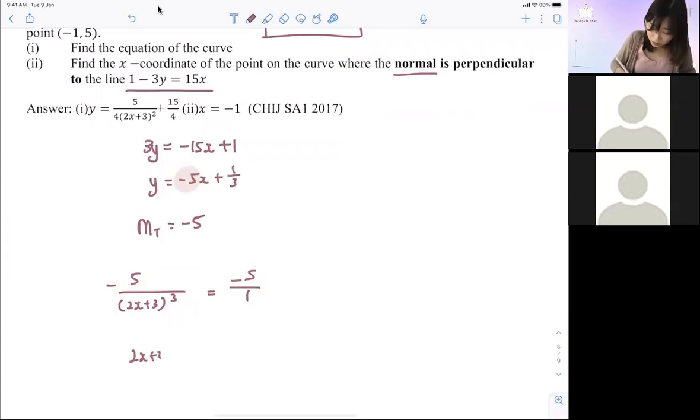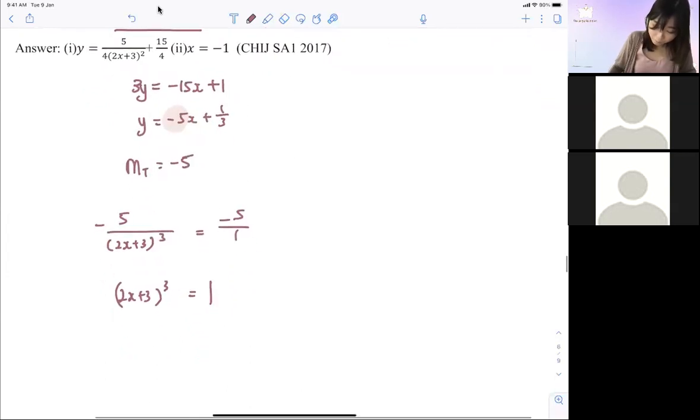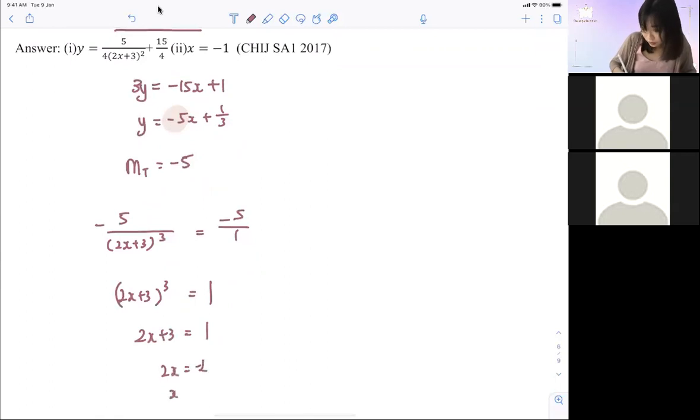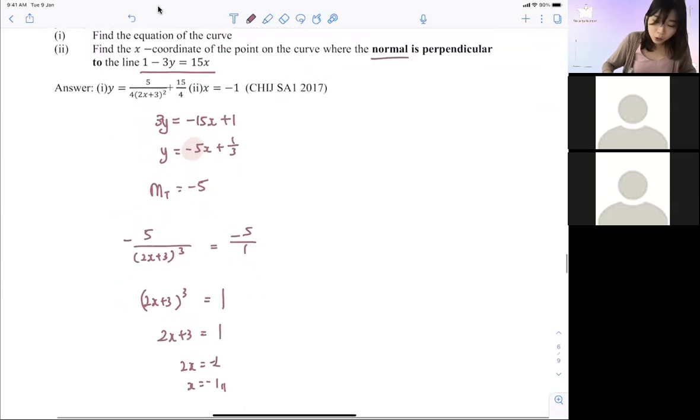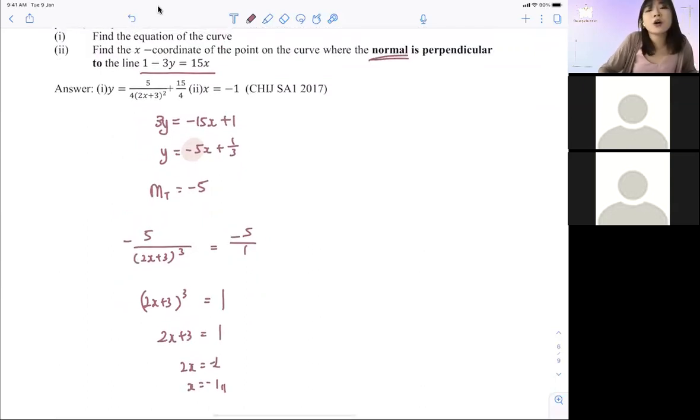So 2x plus 3 equals, cube root of 1 is still 1. That's it. Every time when you look at equation of normal or tangent, you only look at the gradient.